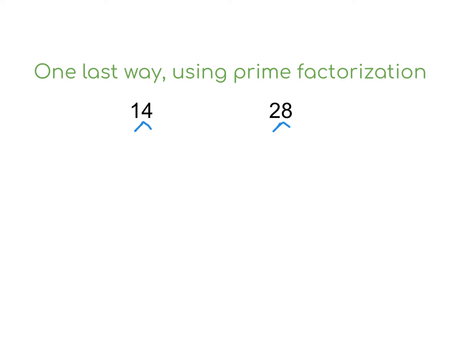I'm going to make a factor tree of all the things that multiply to be 14 with prime numbers. It doesn't actually even have to start with a prime number. You're just breaking it apart into a multiplication problem that equals 14. The only one I can think of is 2 times 7 because they're both prime. Circle the prime numbers, write it as a multiplication problem.